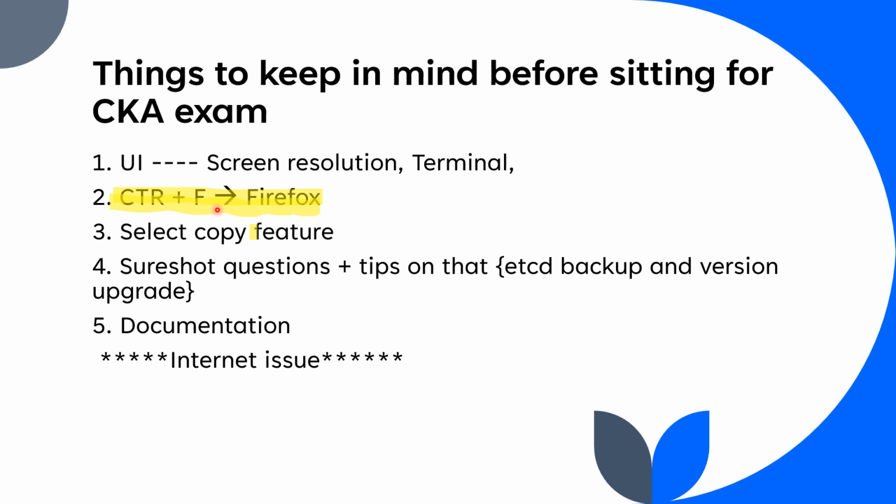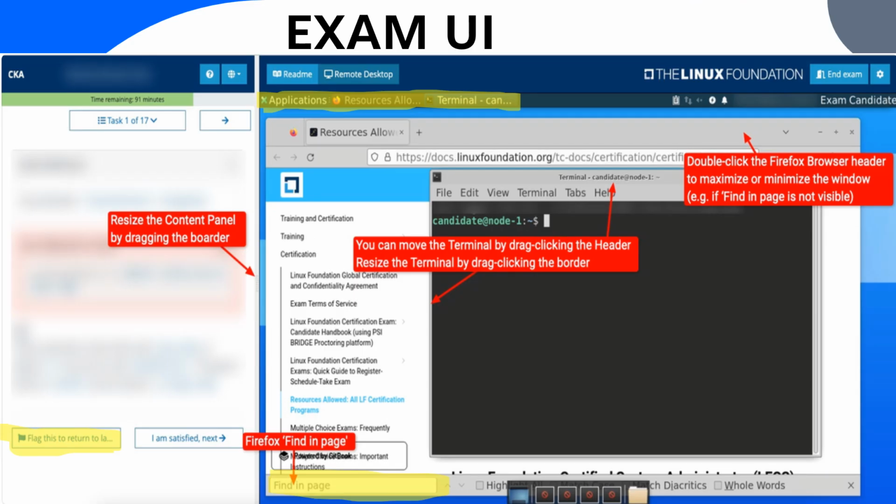And next is Control F in Firefox. Whenever you do Control F in Firefox, the find bar will be here at the bottom, not on the right top, because we are very much habituated to using Chrome and we start looking for find in page on the right top.